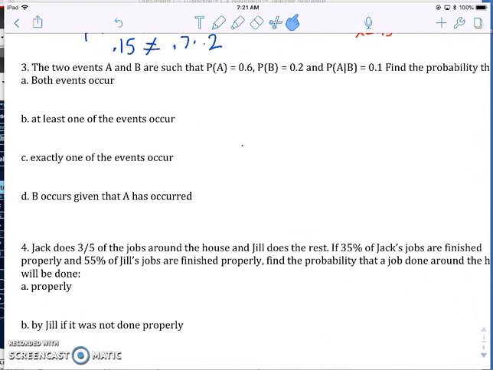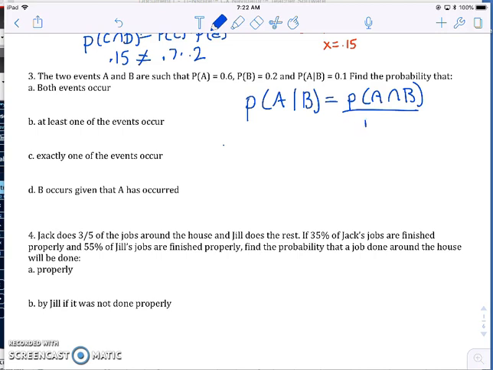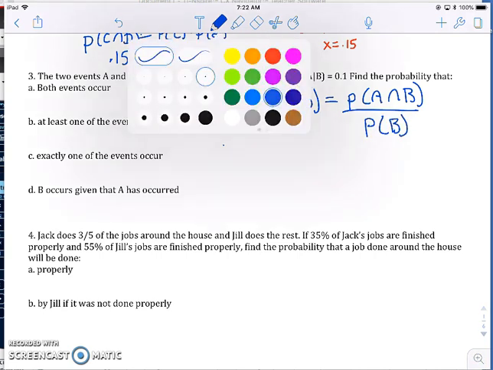Two events occur such that the probability of A is 0.6, B is 0.2, and A given B is 0.1. Find the probability that both events occur. Well, the probability of A given B equals the probability of A and B divided by the probability of B. So there's our definition. We can now plug in what we know.